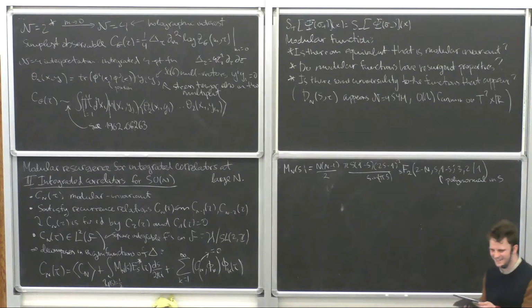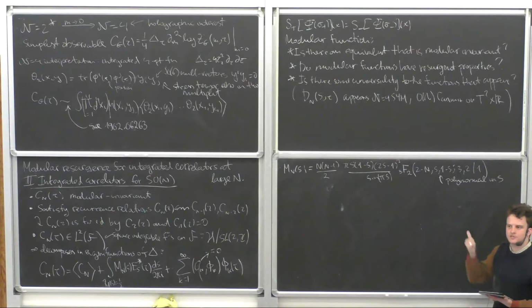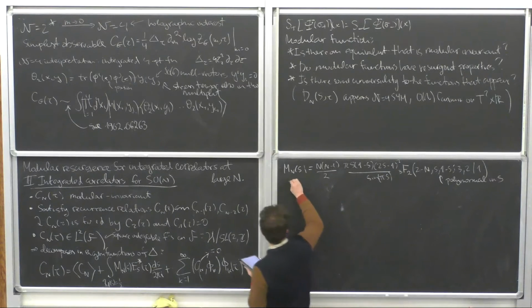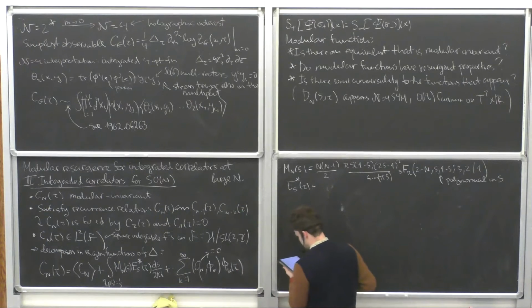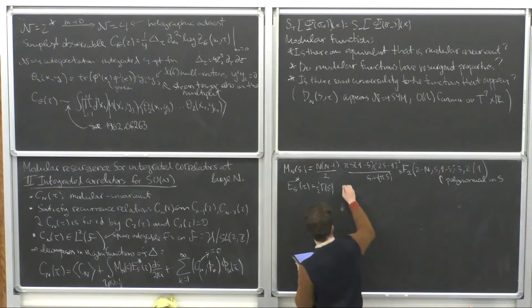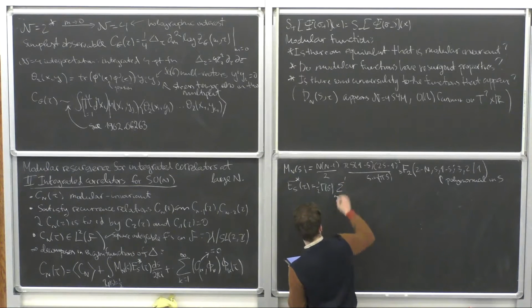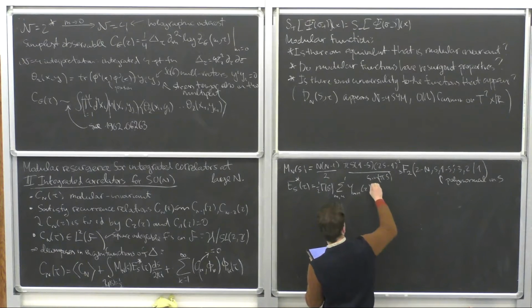Oh, okay, I see. Yeah, well, it will be a polynomial whose degree will grow by 2 every time you increase n. And this E_s star is this Eisenstein series. It's defined as a half gamma of s, sum over (m,n) not equal to (0,0) of y_mn of tau to the power minus s.